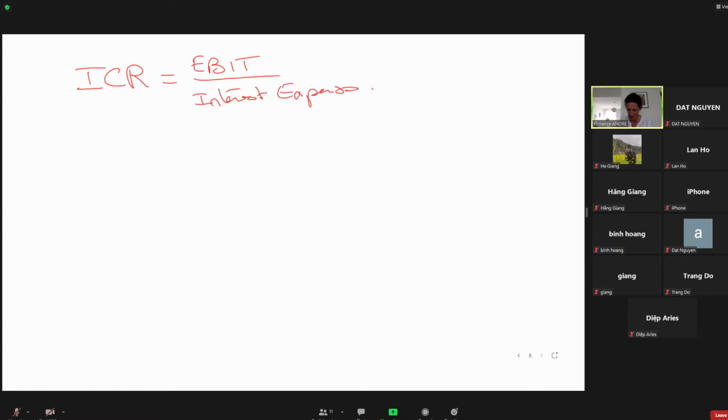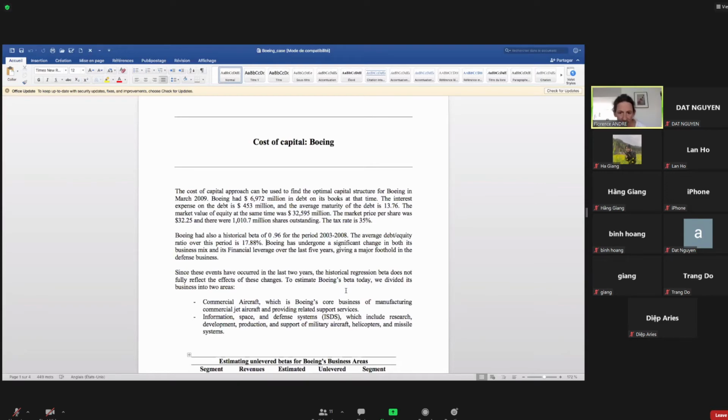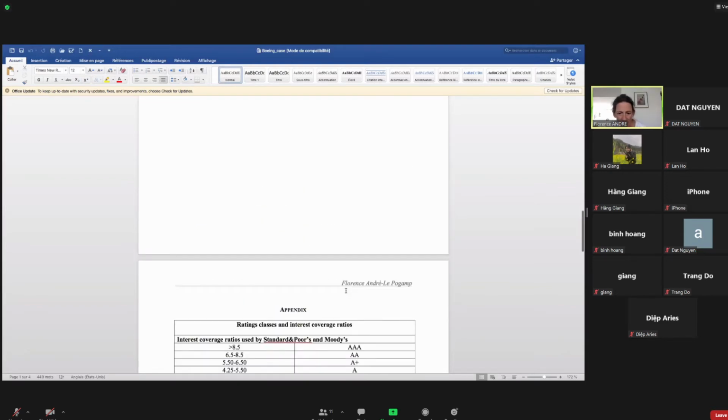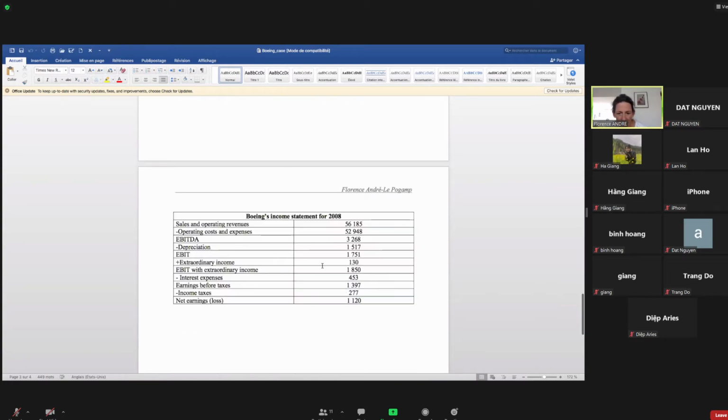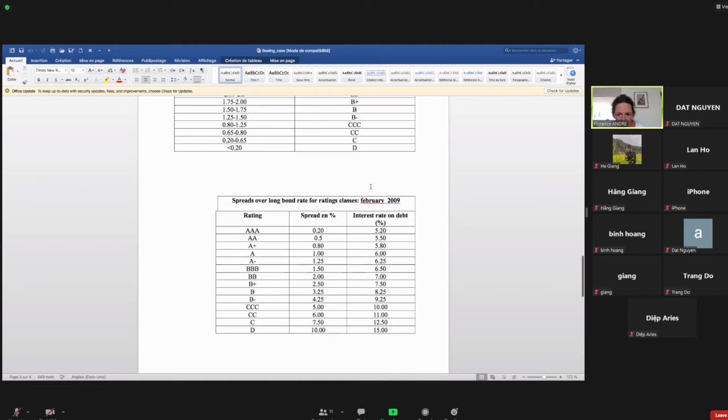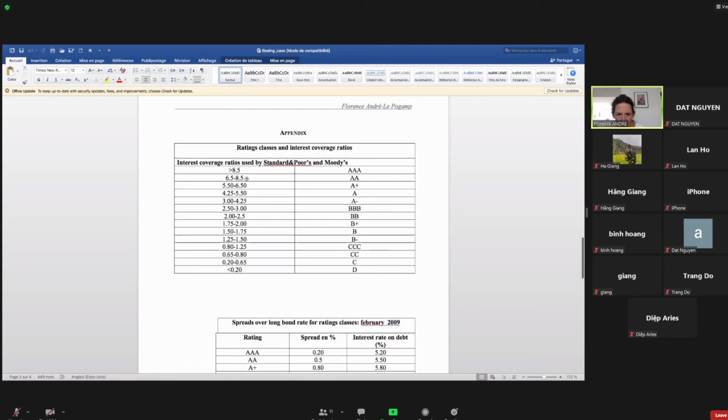And if you look at the information I give you, here you have the appendix, and we have the EBIT, that is equal to 1,000,751. If we have the EBIT, we are able to calculate the interest coverage ratio, and then we will have the rating.